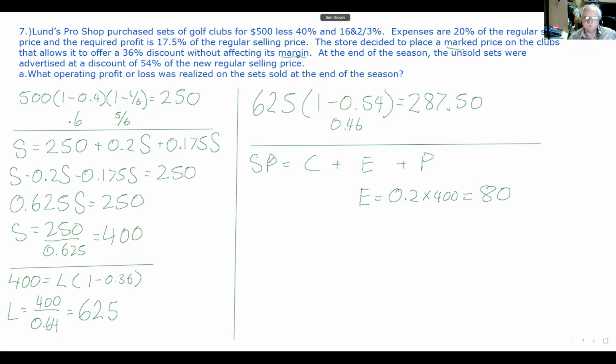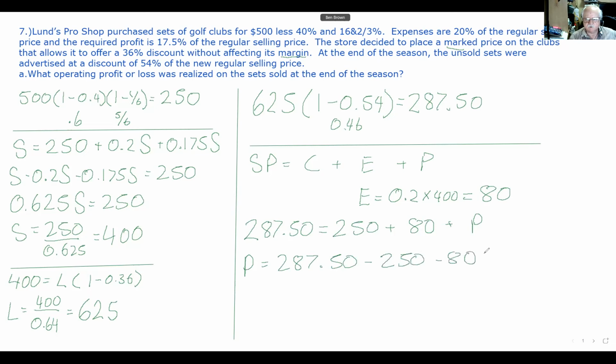The sale price is this, 287.50 equals the cost, 250 plus expenses, 80 plus profit. So profit must be equal to 287.50 minus 250 minus 80.